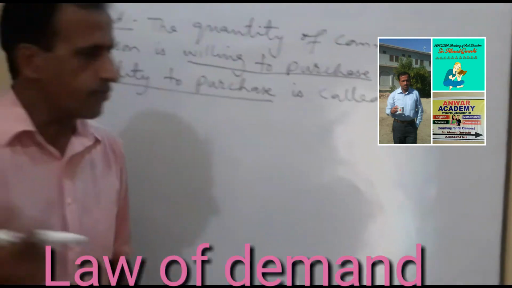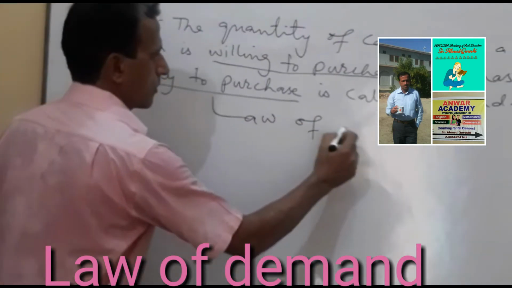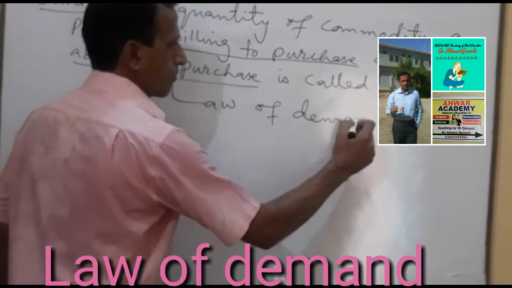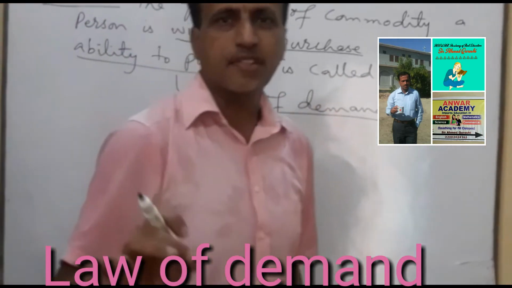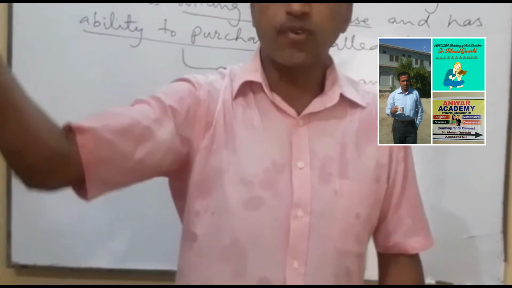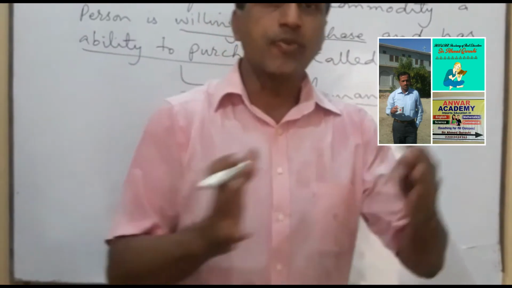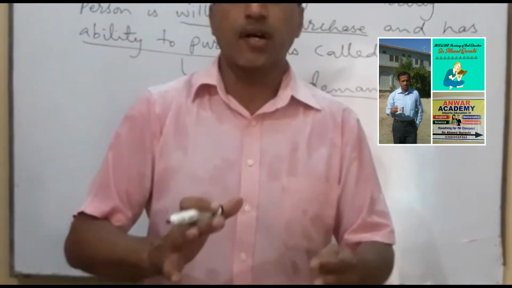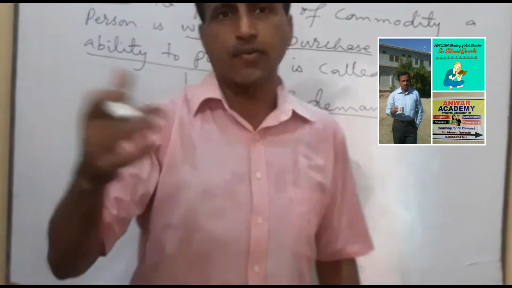Now what is the law of demand? The law of demand states that when the price of any commodity increases, we will demand less quantity of that commodity. But when the price decreases, we will purchase or demand more quantity of that commodity. That is called the law of demand.